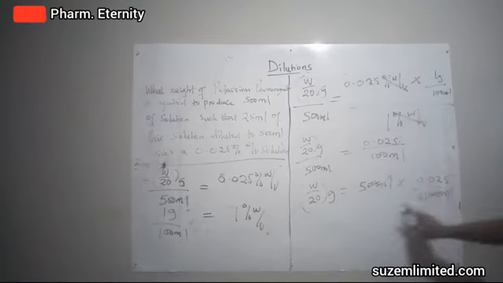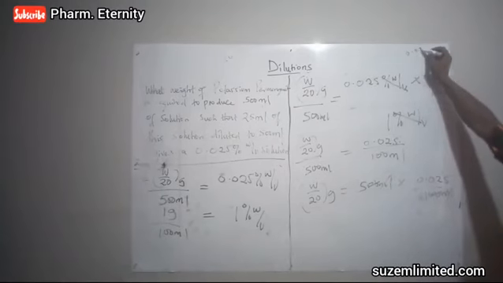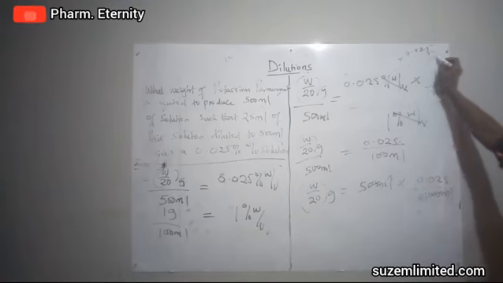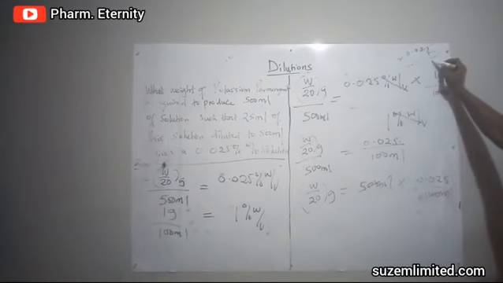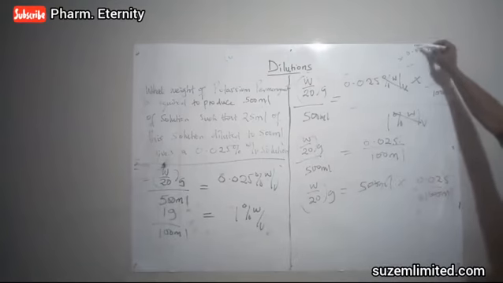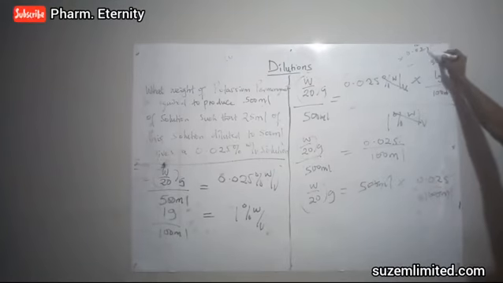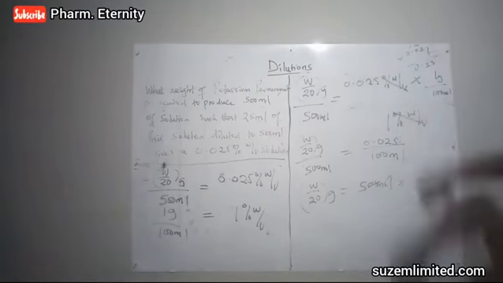So 5 times 0.025 is, 0.025 times 5, this is 25, 2. 5 times 2, 10, 12. So we have 0.125.